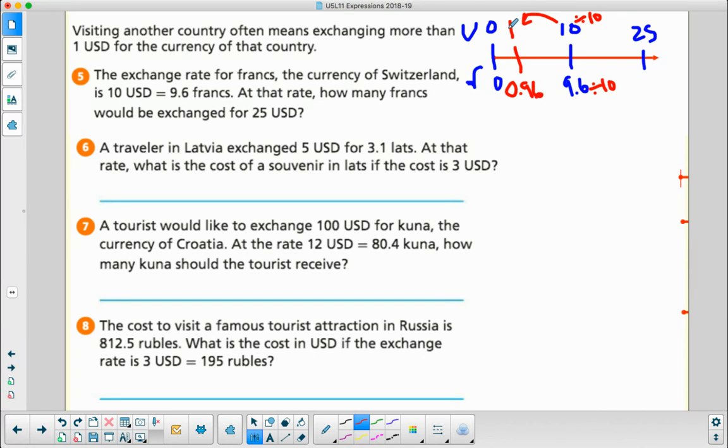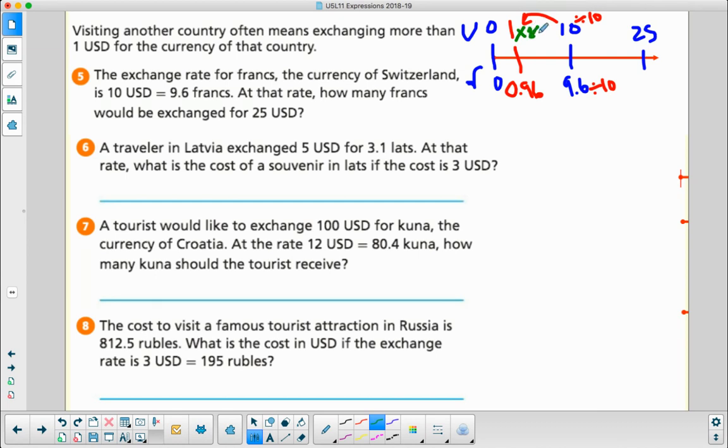This makes sense. $1 is not quite 1 franc. Another thing that's great about 1 being a magic number is it's a factor of every number too. I can multiply by 1. I can get any number by multiplying that number by 1.